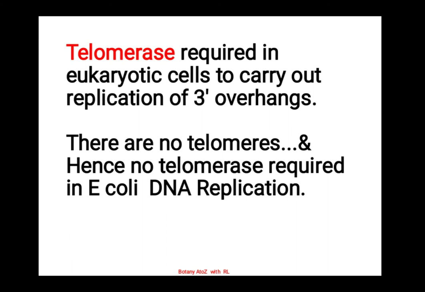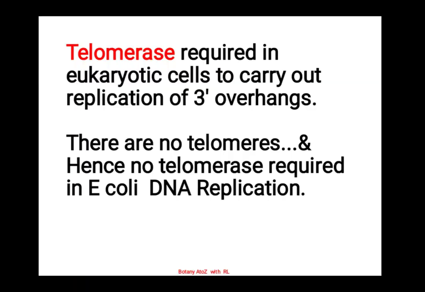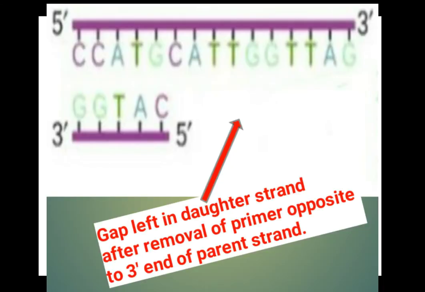When it is removed, there remains a gap, because there will be nothing to extend. There will be no DNA nucleotides that a DNA polymerase can work on and extend to fill the gap. So when the primers opposite to the 3' ends of parent strands are removed, there remains a gap in these linear chromosomes, and that gap can't be filled by simple DNA polymerases.